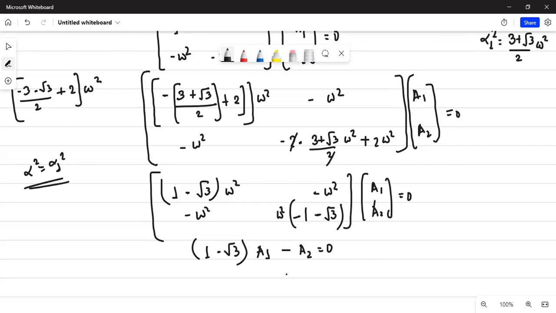Is that clear? And again, if I see, this will be a1, and then again I will have 1 plus root 3 a2 equals 0. I think it is clear.